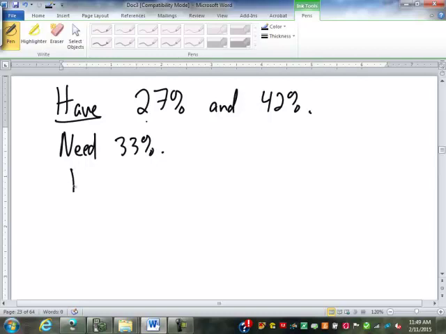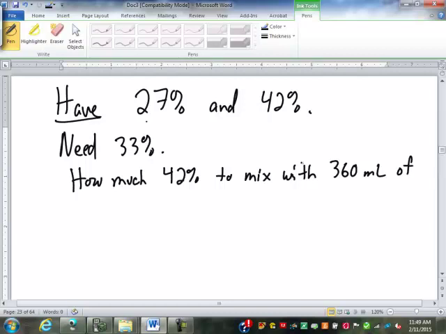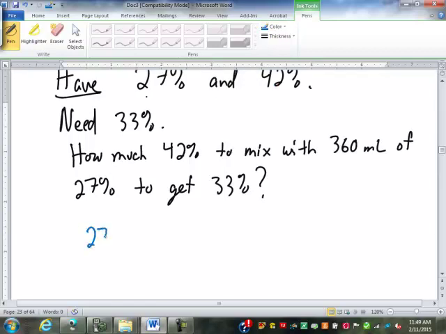We want to know how much of the 42% we need to mix with 360 milliliters of the 27% to get the desired 33%. So once again, 27% combined with 42% gives us, we're going to use that to get our desired 33%.